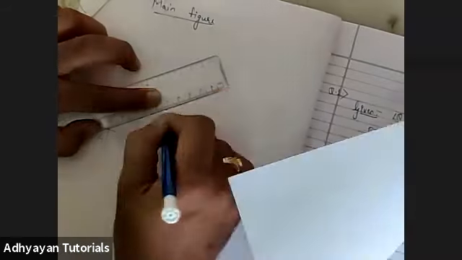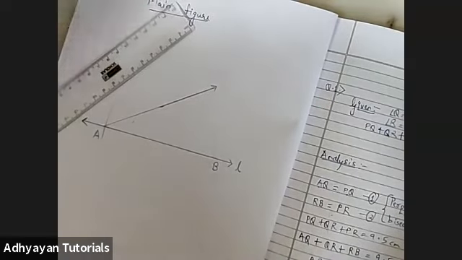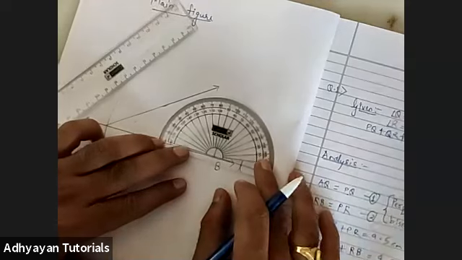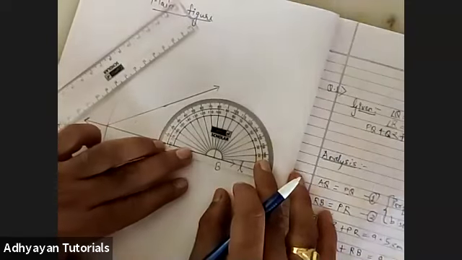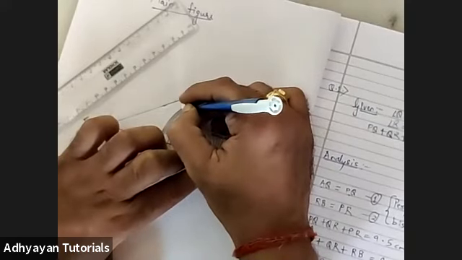Something like this. So I have drawn a 35 degree line. Next, we'll draw a 40 degree line. I want you all to draw the main figure along with me. So this is 40 degrees right here.